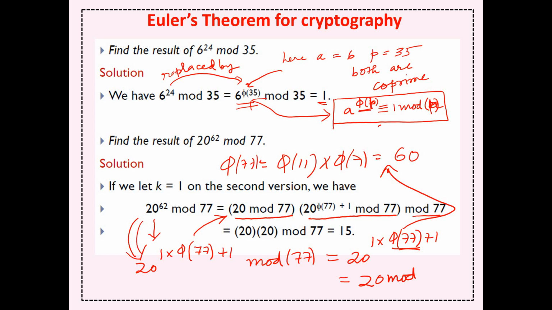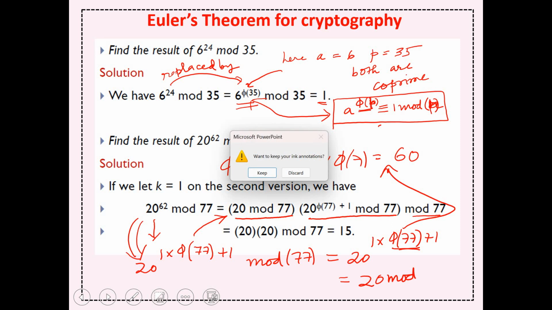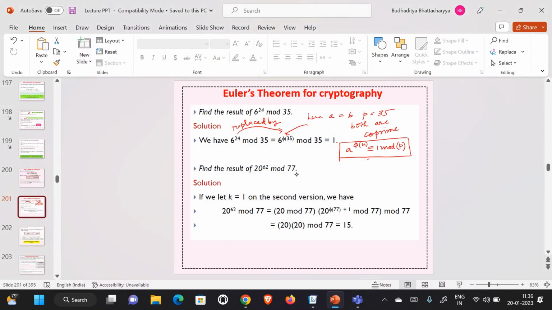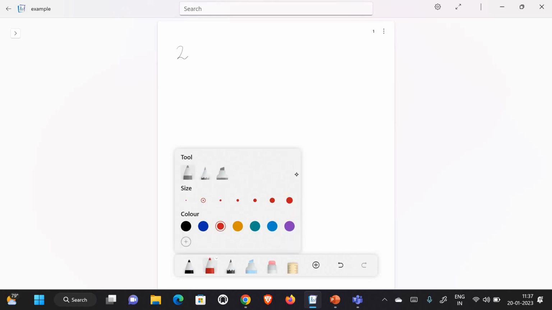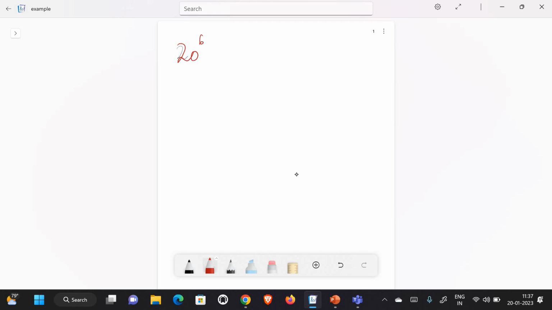Okay, let me do one thing. I'll do it. 20 to the power 62 mod 77, that's what we are trying to find out.